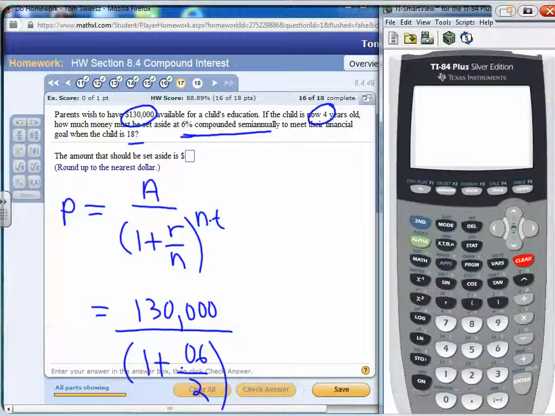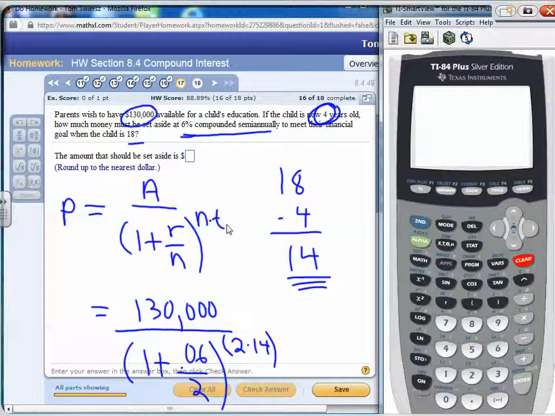Now be careful: the child is now 4 years old and the goal is at 18, so we've got 14 years of investment, because they started when they're 4, not at birth. So n is 2 for compounded semi-annually, and we have 14 years, so the exponent is 2 times 14.